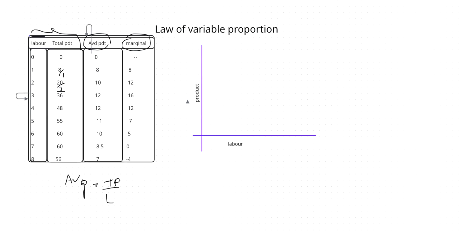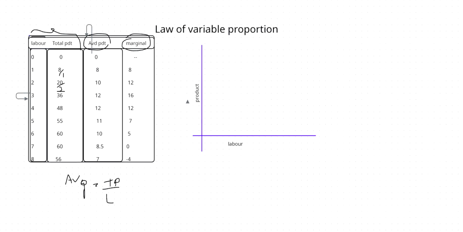Now, the marginal product. It is how much extra I have actually gained compared to the previous one. Because I have changed a unit of labor, how much could I increase the product?